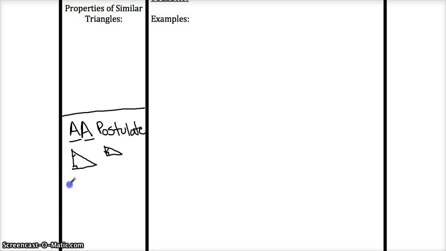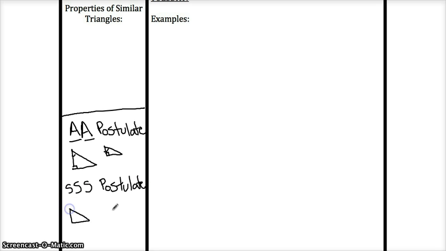Okay, then we also have the side, side, side postulate. And like those creative mathematicians, side, side, side stands for the three sides of a triangle. That's why there's the three S's.